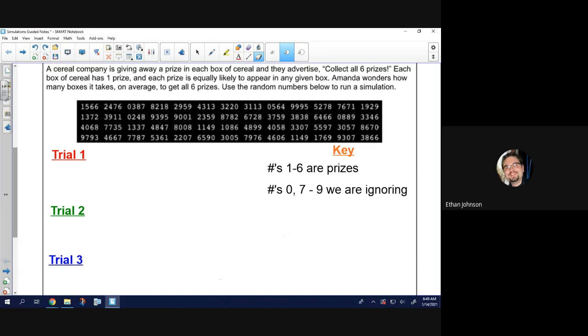And the reason why we're going to ignore them is because in the word problem, it says each box of cereal has 1 prize. There is not a box without a prize. The other key thing that we need to check is to see if they're equally likely to appear. And we do see, it does say each prize is equally likely to appear. So we can do this simulation.